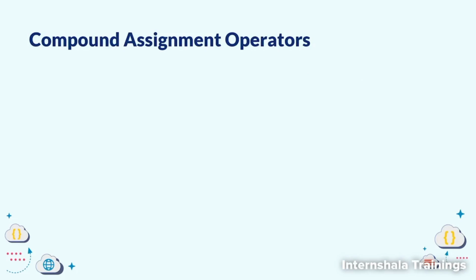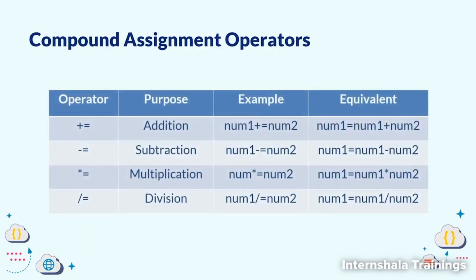So these operators are a combination of basic arithmetic operators and the assignment operator. As we can see on the screen, these are compound assignment operators, which are plus equal to, a combination of the arithmetic operator plus and the assignment operator equal to. Similarly, minus equal to, asterisk equal to and slash equal to.